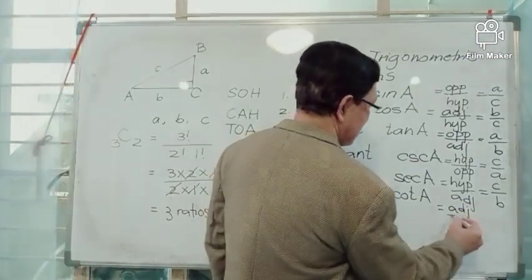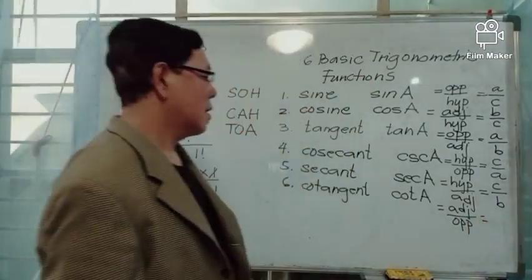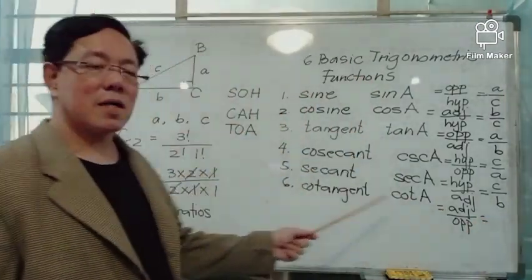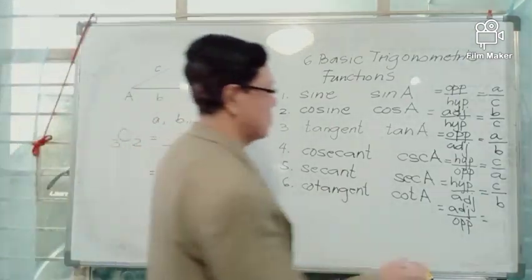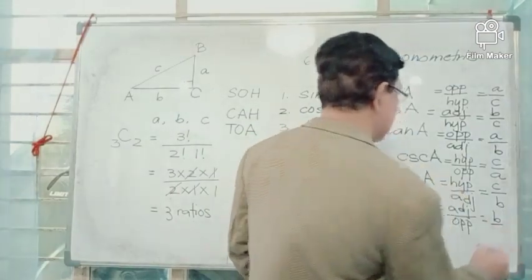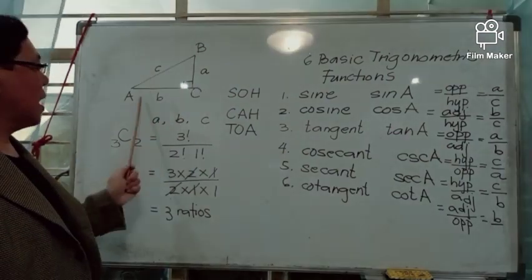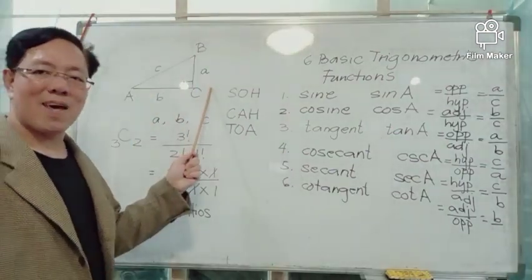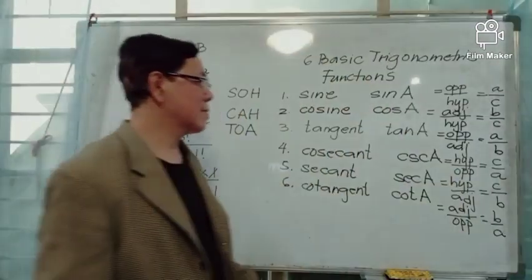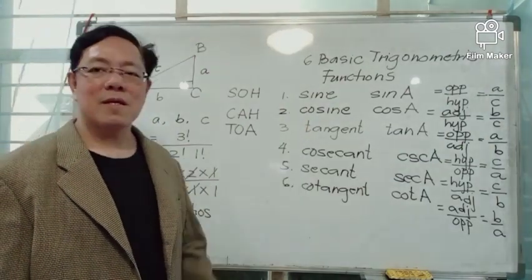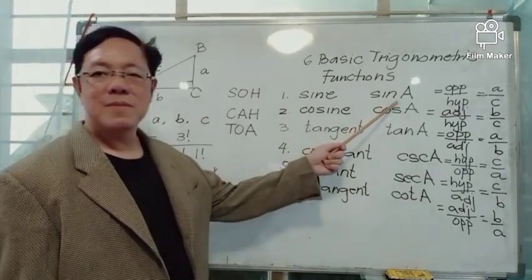And the side adjacent to angle A is the side small b, and the side opposite angle A is the side small a. These are the 6 trigonometric functions of the acute angle A.